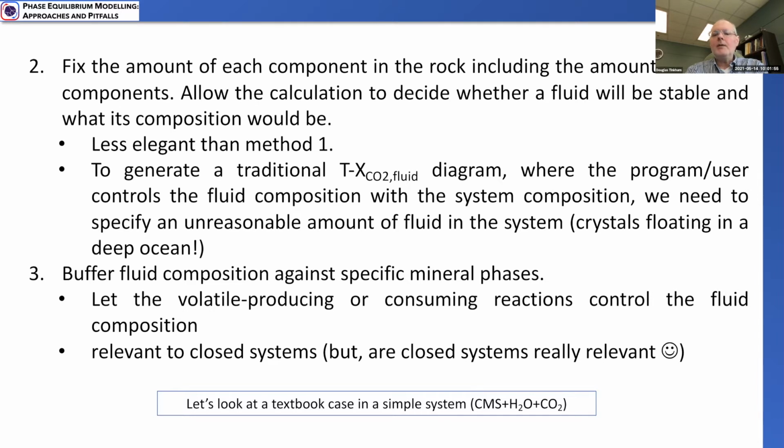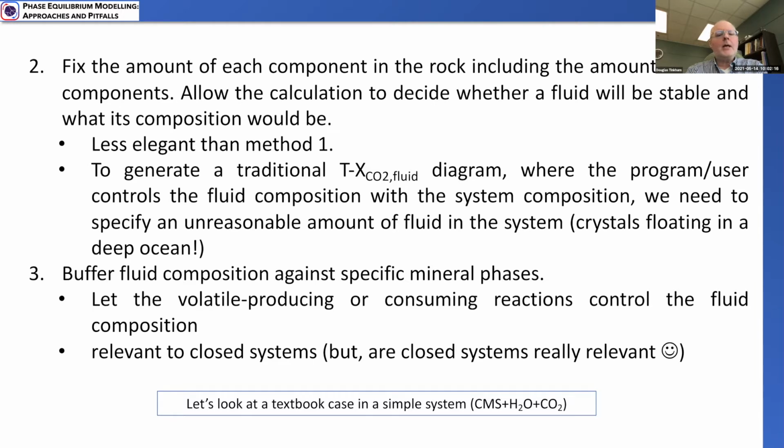And the way you do that, and Cappy has shown this in previous short courses, is you add a significant amount of your fluid components. In other words, you add so much fluid that the bulk composition of the system basically controls exactly what that fluid composition would be. And I'll show an example of that.